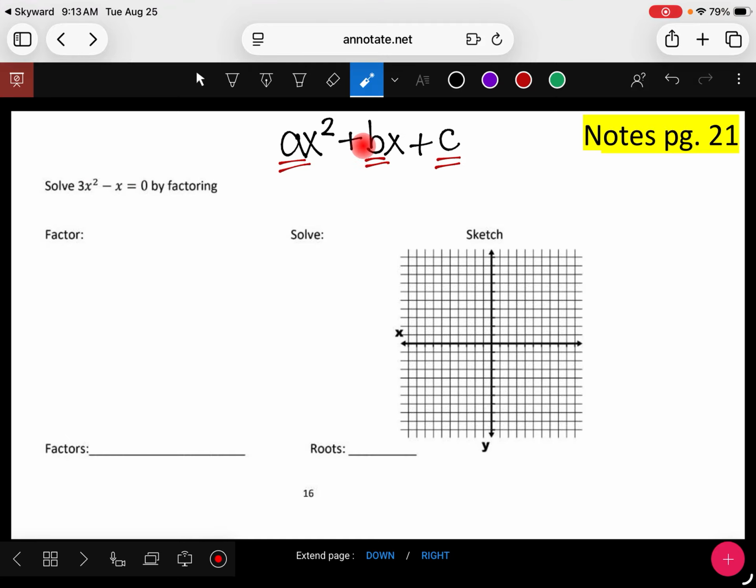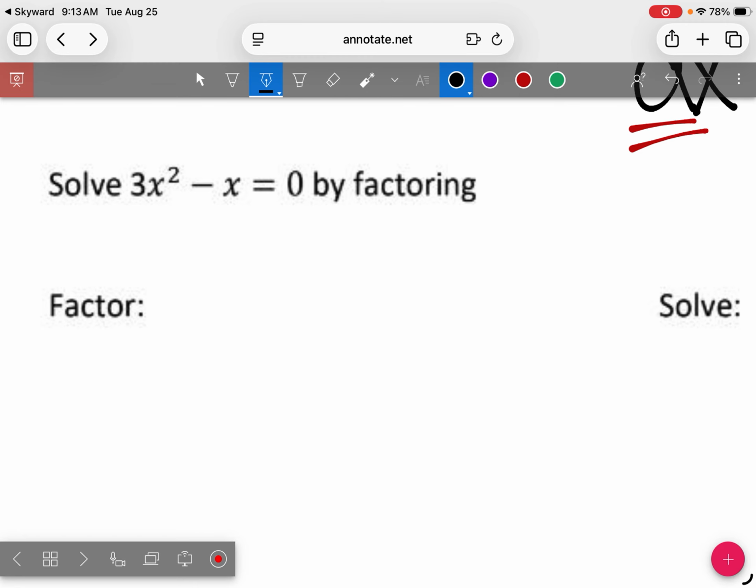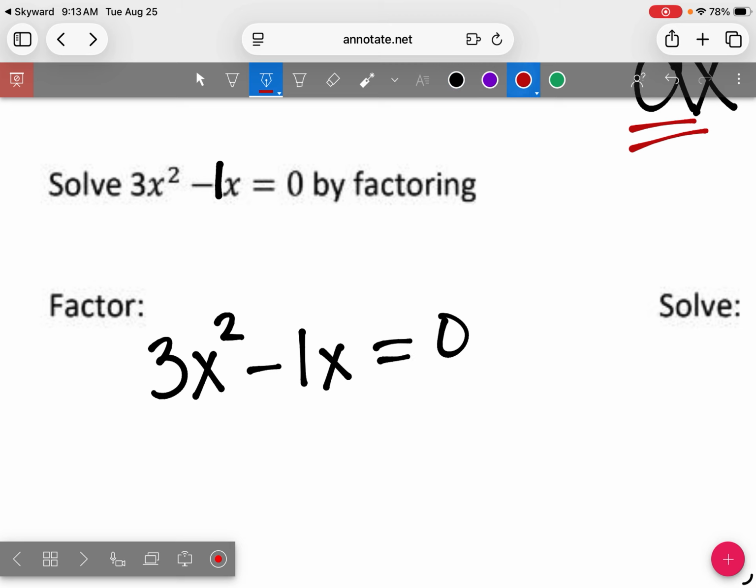Looking at the format, notice that B is always in front of just the plain old X, but C doesn't have an X at all. If I zoom in, there's actually a negative 1 in front of the X. So this is 3x squared minus 1x equals 0. So these would be A and B.